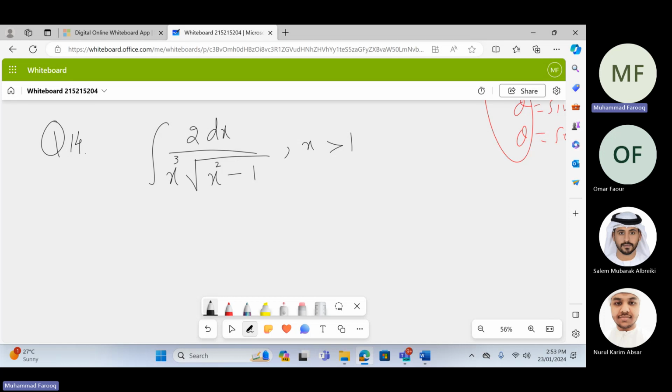Now sine square theta, please. Now you have to use the identity, two sine cosine. How to integrate? You have done this in 8.3, cosine square, higher powers, even power.